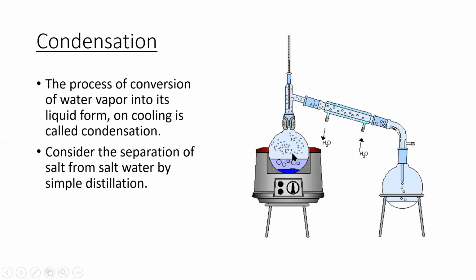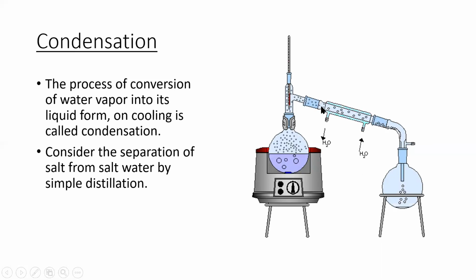Upon reaching the boiling point, water will start boiling, and water molecules will escape this mixture in the form of water vapor. And this way, that water vapor will pass through this tube, but during this journey, this water vapor is cooled by the cold shield of water.